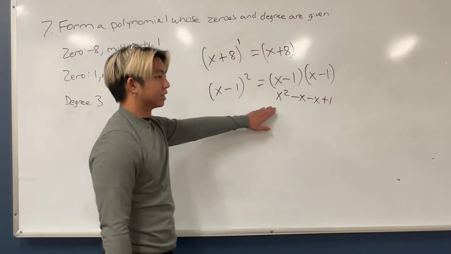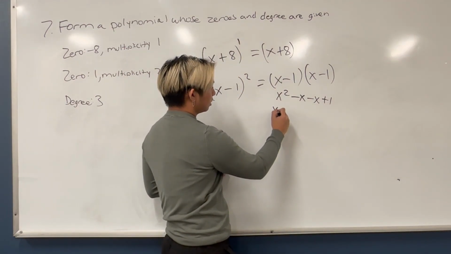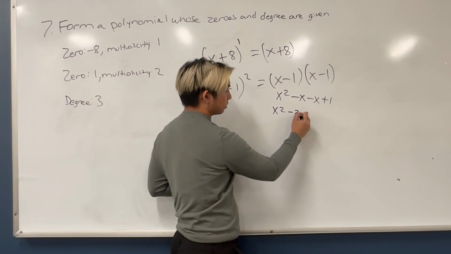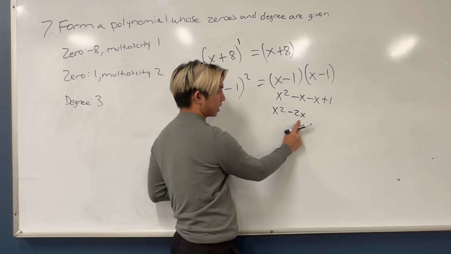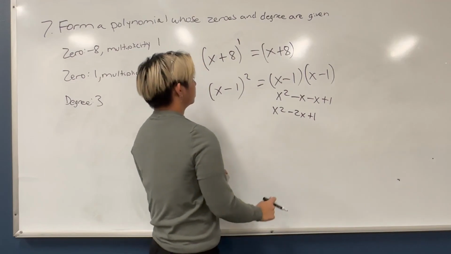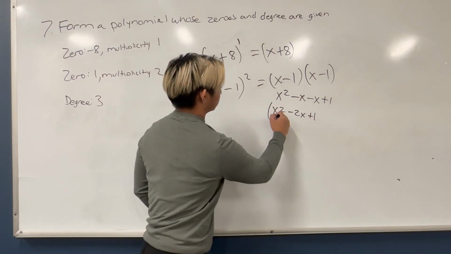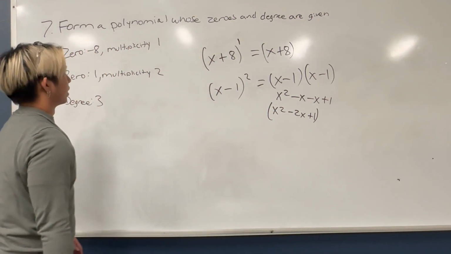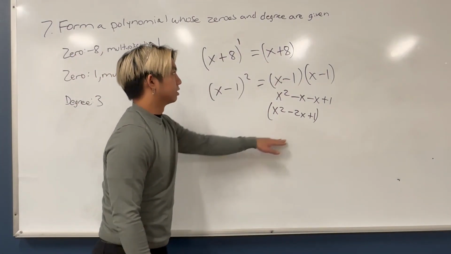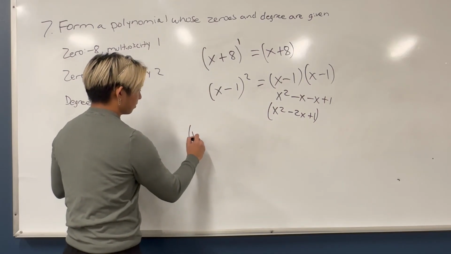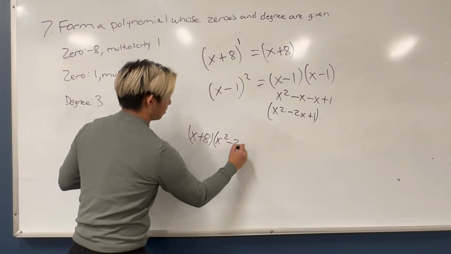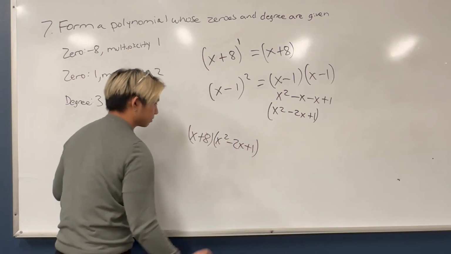And then here I just want to combine my terms, so x squared, and then -x and -x, I'm going to combine them into x squared minus 2x, and then plus 1. So now, what do I do? Now I want to combine this one and this one. So it's going to look like x plus 8, and then x squared minus 2x plus 1.